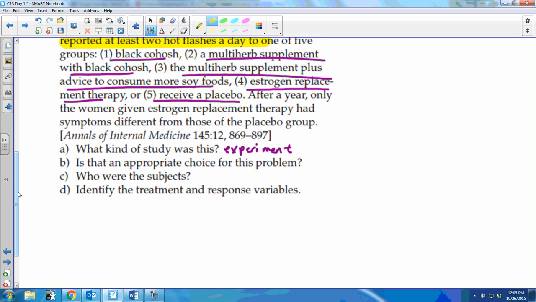How many groups are there? 5. There's one factor, the supplement taken, right? With 5 levels, and so there's not any other factors, so there's just 5 treatments.